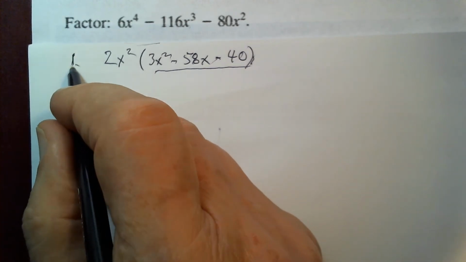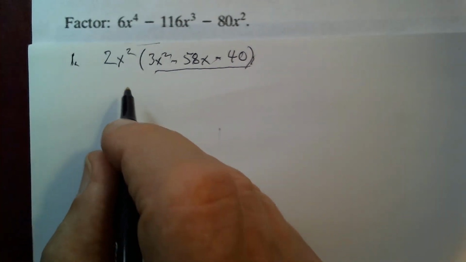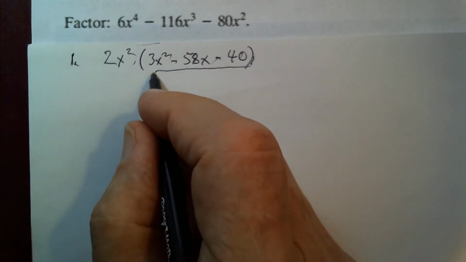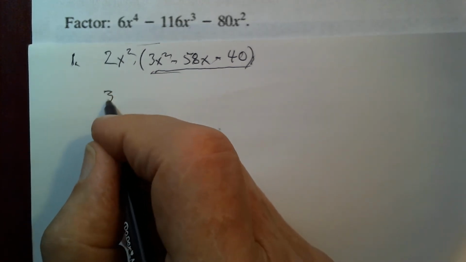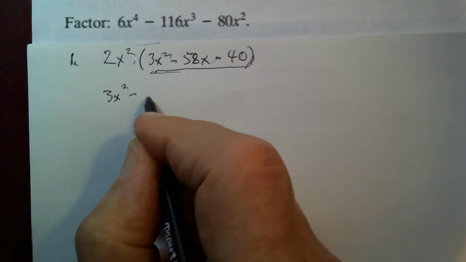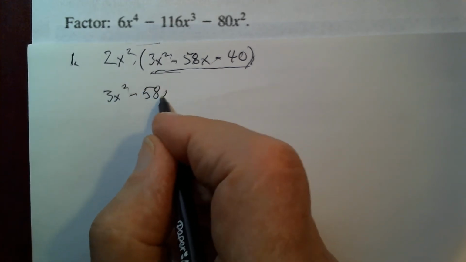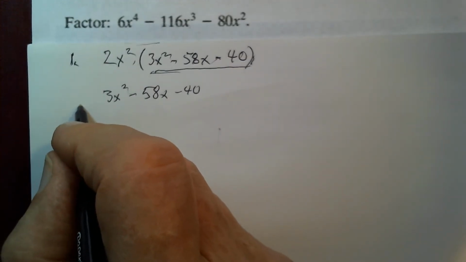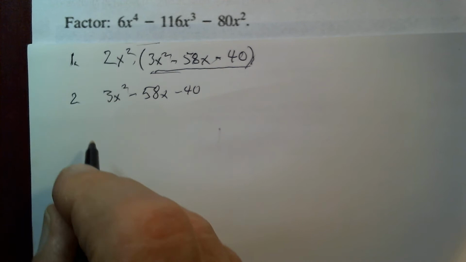We remember to use that again to multiply that when we are done with this trinomial here. So right now we are focusing on 3x squared minus 58x minus 40.